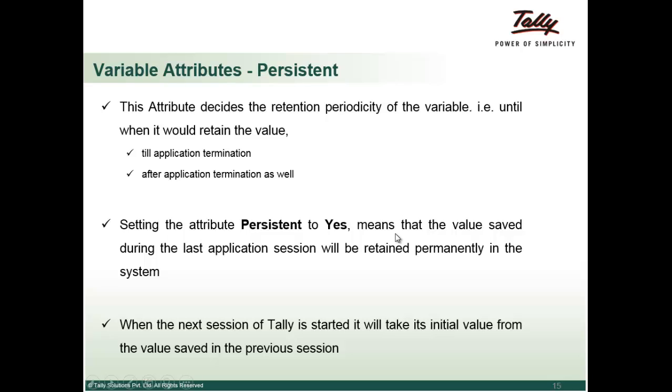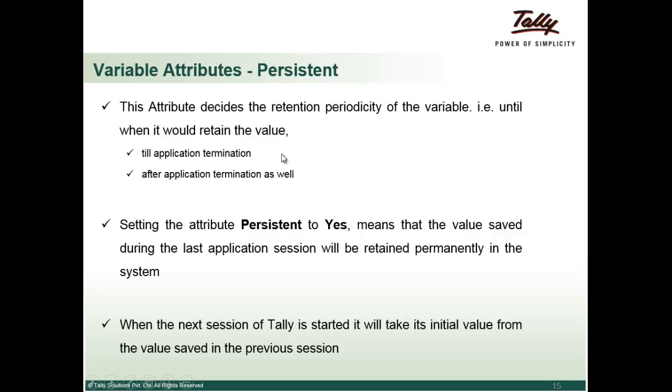Now let us go through another attribute of a variable, that is the attribute persistent. The attribute decides the retention periodicity of the variable, that is, until when it would retain the value of that variable, whether it should retain it till application termination or after application termination as well.